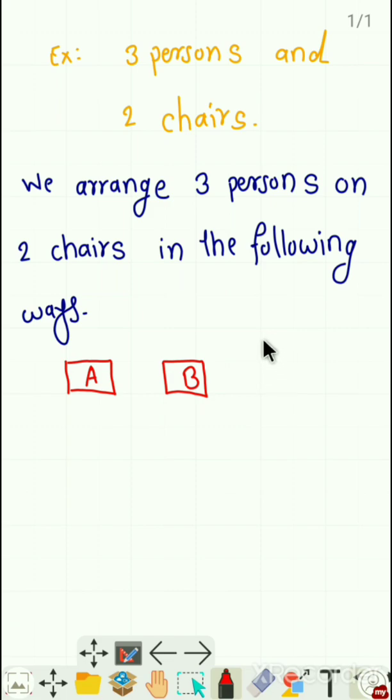This is one way to arrange 3 persons on 2 chairs, the first way. In the second case, we put B on this chair, A on this chair, C is left out, second way.